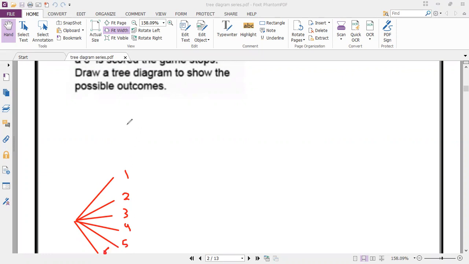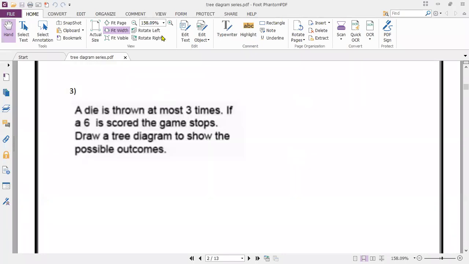Okay, Abdullah. If you have got 6, the game stops. So what if you are going to get 1? For the second, how many times are we going to roll the dice? Let's read it again. 3 times. A die is thrown at most 3 times.